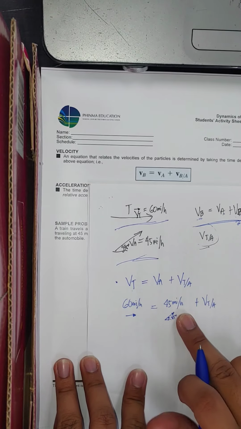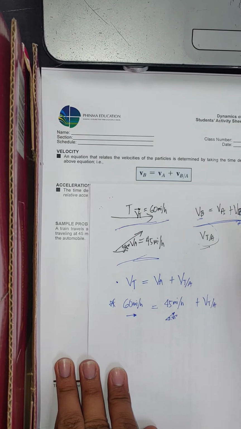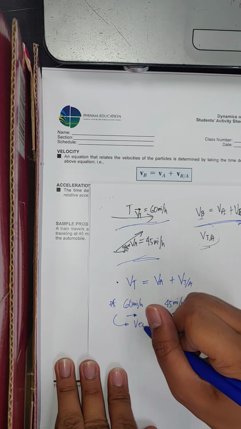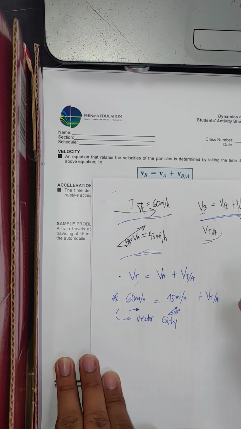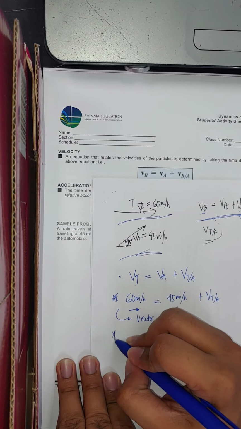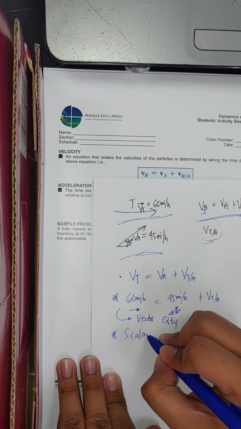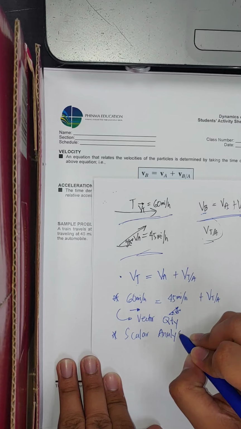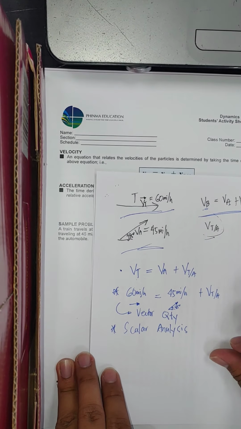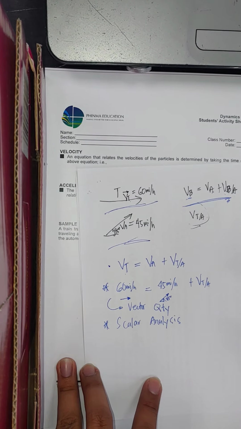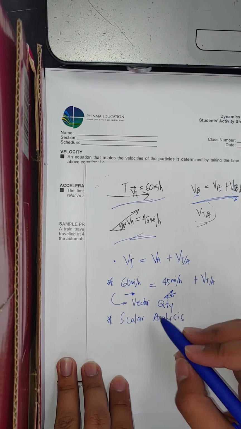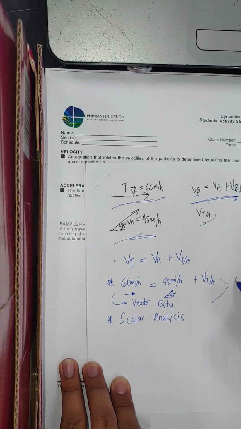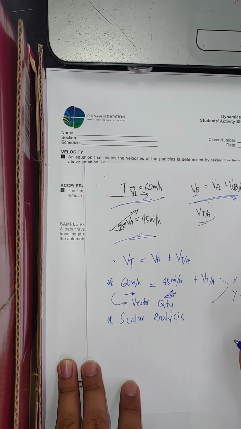Since direction is involved, this is a vector quantity. We try to solve it with scalar analysis, which is like the summation of forces along x and the summation of forces along y. If we resolve this vector into x and y components, it is just the summation along x and y.